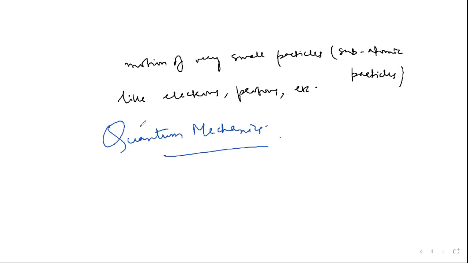So quantum mechanics makes right predictions about the motion of very small particles, subatomic particles like electrons, protons, right? And it is also an extended version of Newton's laws of motion or classical mechanics, and it also reduces to classical mechanics in ordinary situations.